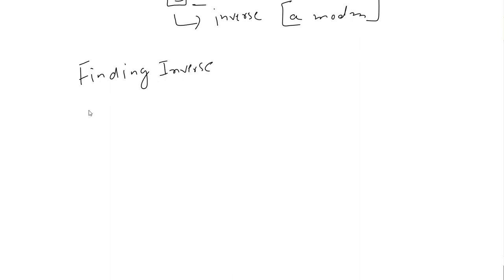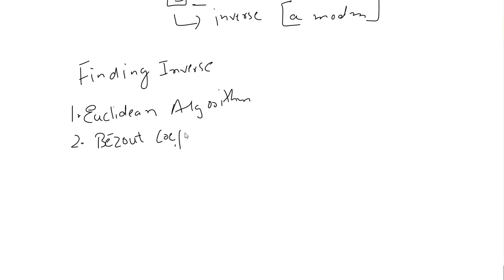Now, in order to find the inverse, the Euclidean algorithm and then the Bézout coefficient can help us in finding out the inverse.